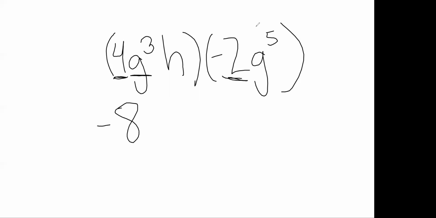Now we have our g's here. These are the same base. They have powers, same base. We're going to add the powers. And then what we have left over, there's nothing that matches this. So we can't do anything with it. Just leave it the way it is.